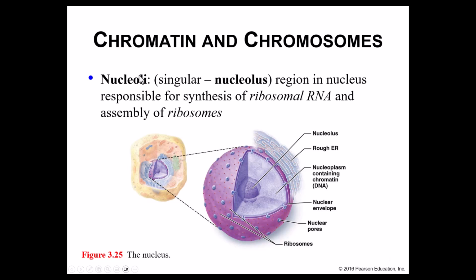And then the nucleolus is where our ribosomes are assembled. And that nucleolus, make sure you spell it right. Nucleus is spelled totally different than nucleolus, which is contained within the nucleus.